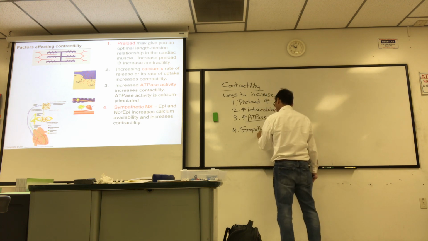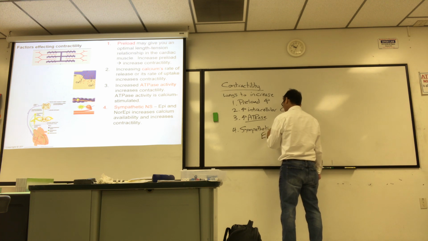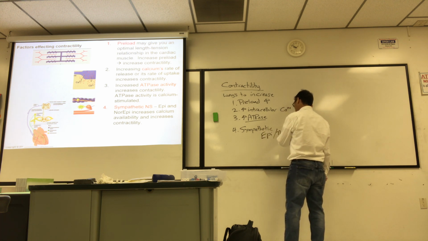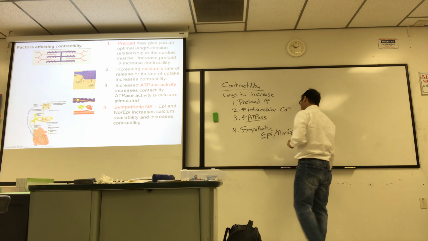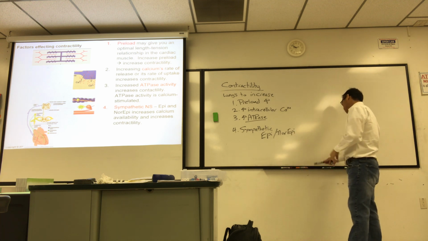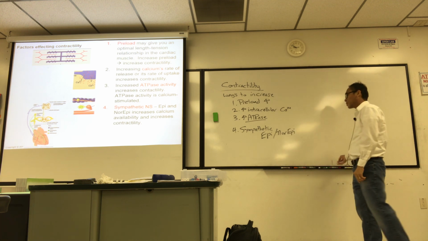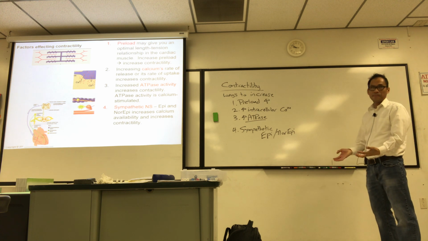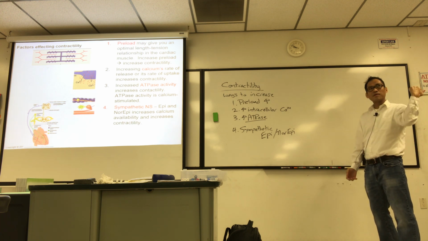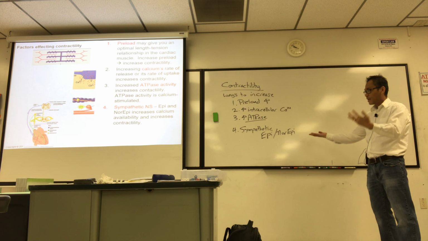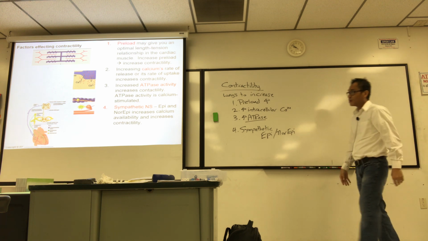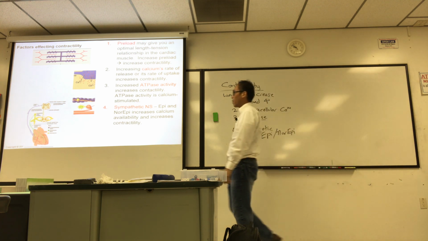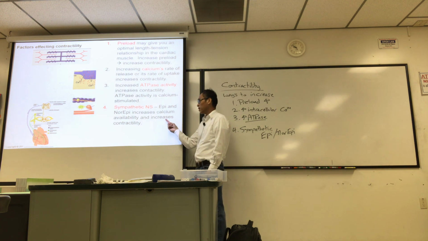So good old epi, norepi. Cardiac muscle has adrenergic receptors. So the old expression, a shot to the heart with adrenaline, that's what we're talking about here. The effect is that it will increase calcium's availability and increase its contractility.